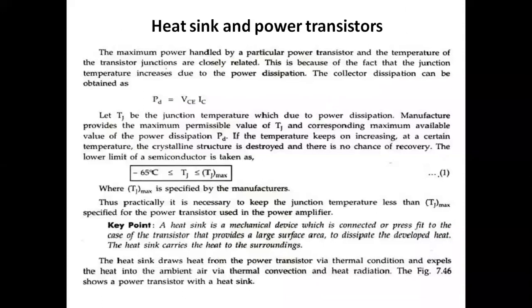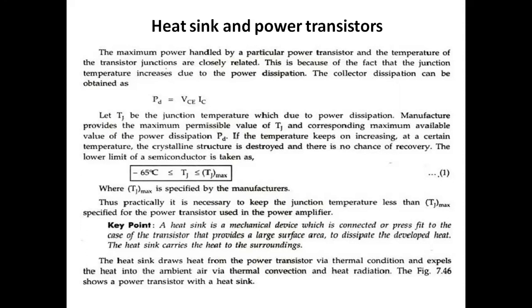There is a relation between the maximum power of a transistor and the temperature of the transistor. This is because the junction temperature increases due to the power dissipation. So as the power dissipation increases, automatically the temperature also increases. That is, the heat also increases.